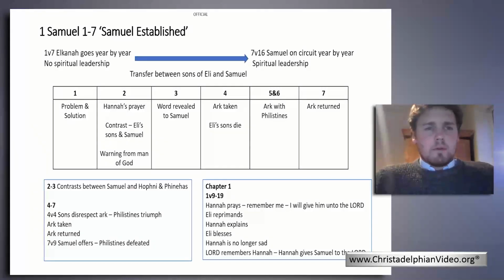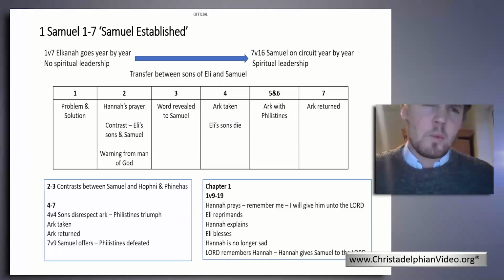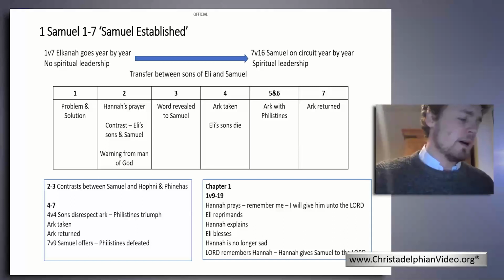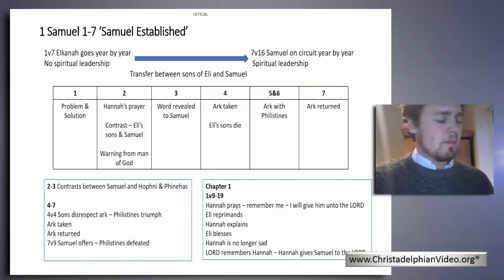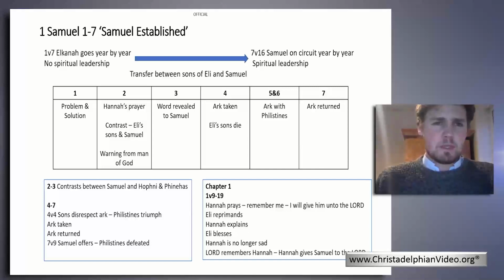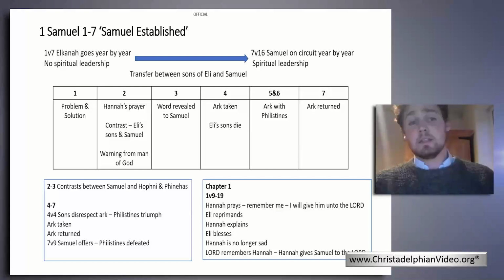So if we go into the first section, the first section is bookended by a phrase which occurs a couple of times in the book of Samuel, at the beginning and end of this section, and then later on towards the end, right at the end of the second book of Samuel.